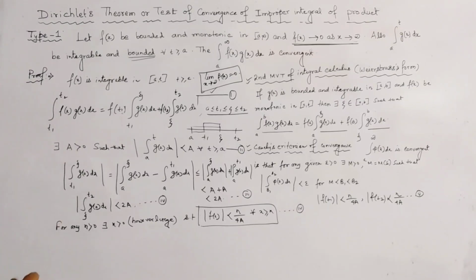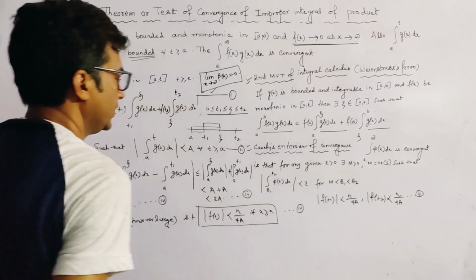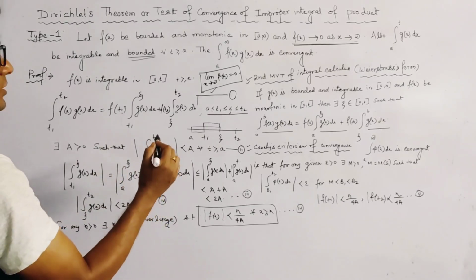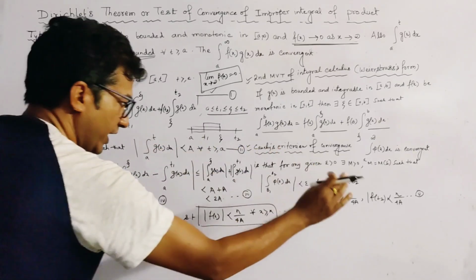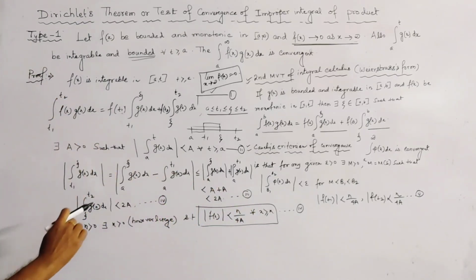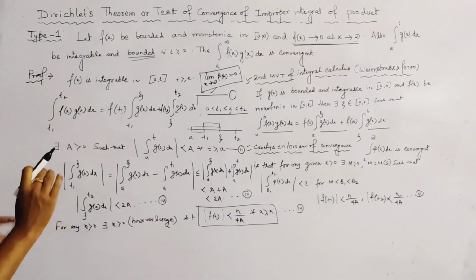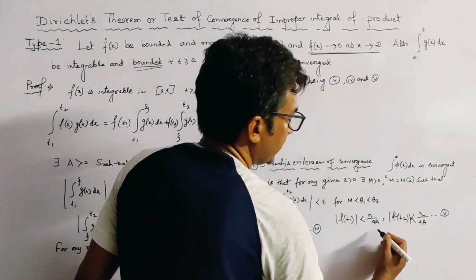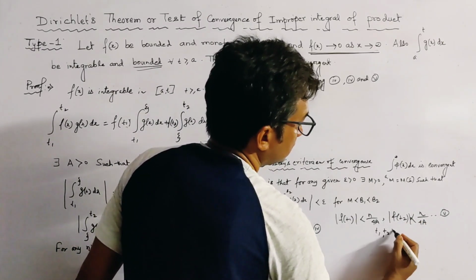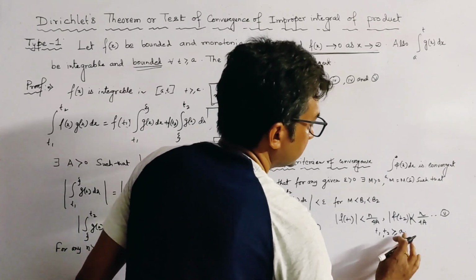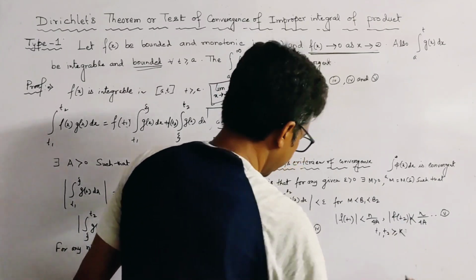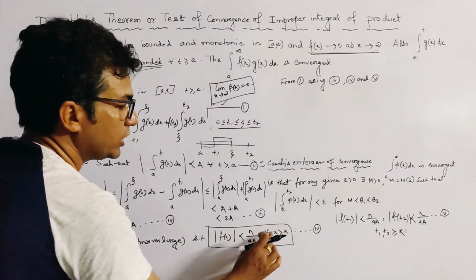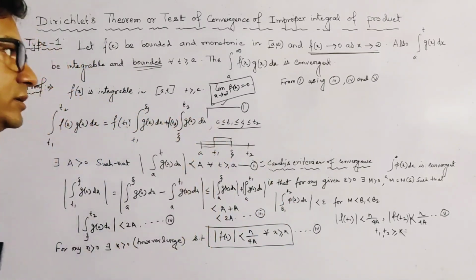Now using relation number 5, 3, 4 and 2 in 1 we get, and in relation number 5 we must write here t1, t2 greater than or equal to k, because this relation holds only when x is greater than or equal to k.